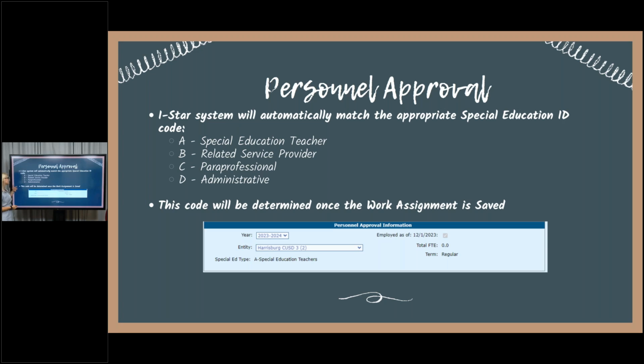So I always know if I'm looking at a program for kids that I don't want to see a related service provider on the program definition, those kinds of things.